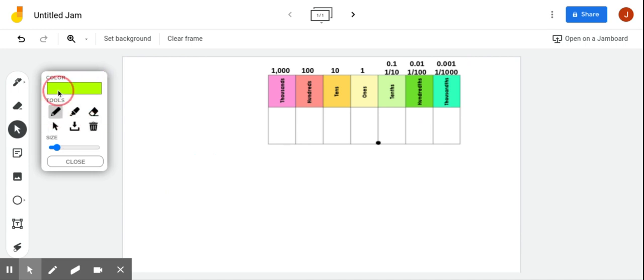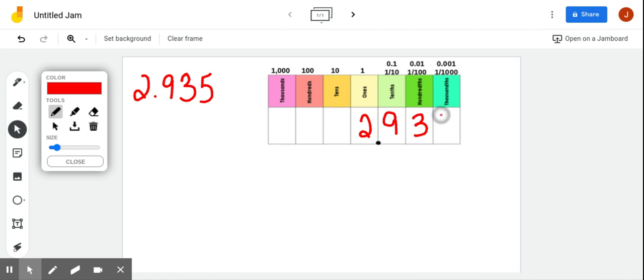All right, so for this one here, let's use the number 2 and 935 thousandths. So again, if I plug this into my place value chart, I have a 2 in my ones place, a 9 in my tenths, a 3 in my hundredths, a 5 in my thousandths.